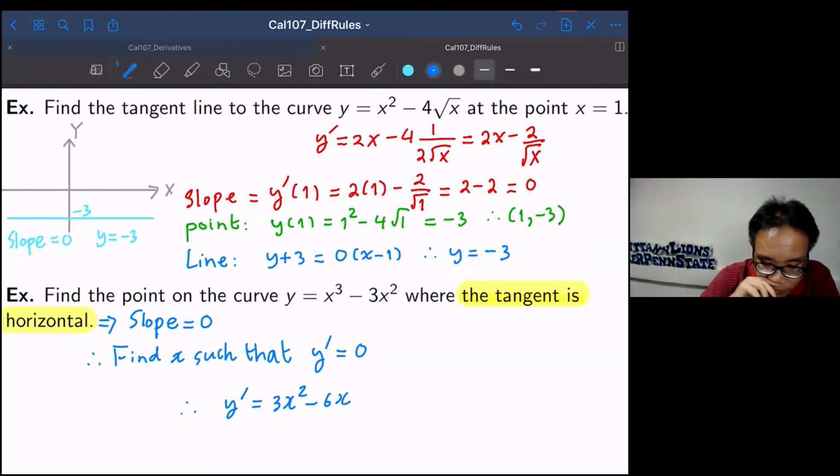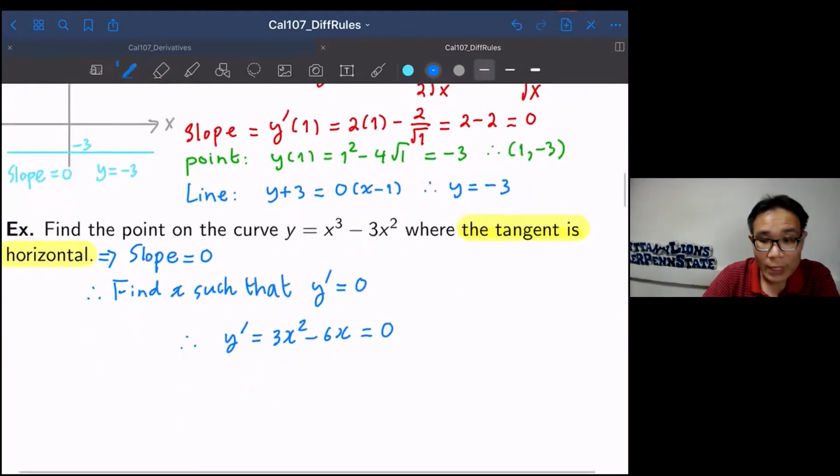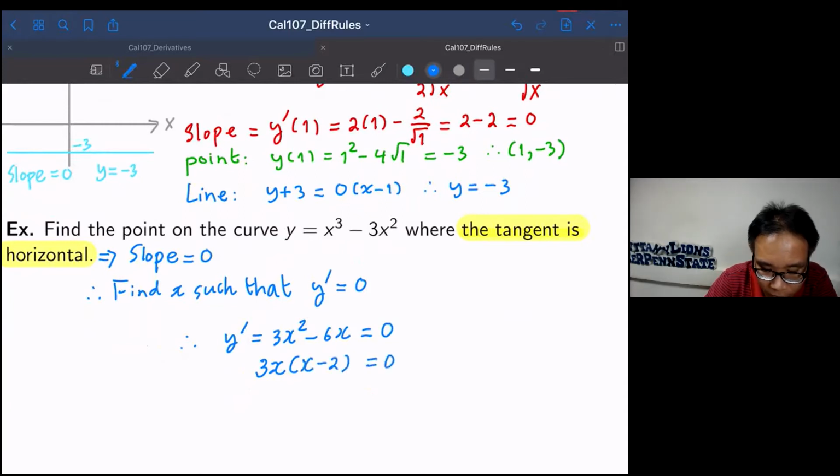So you have 3x squared minus 6x equal to 0. Then you factor out 3x, so you get 3x times (x minus 2) equal to 0. Solving for x, we get x equal to 0 and x equal to 2.